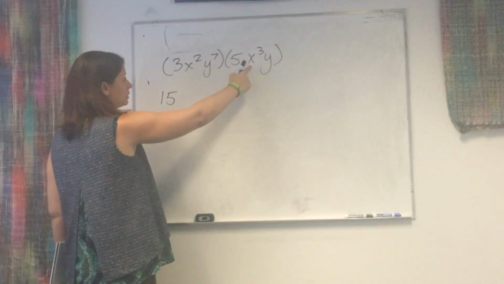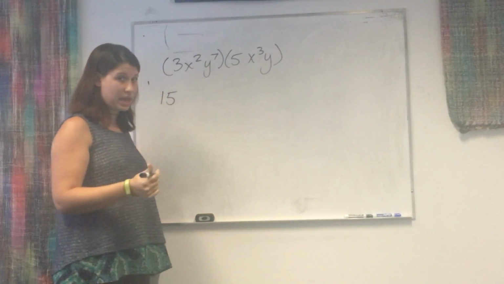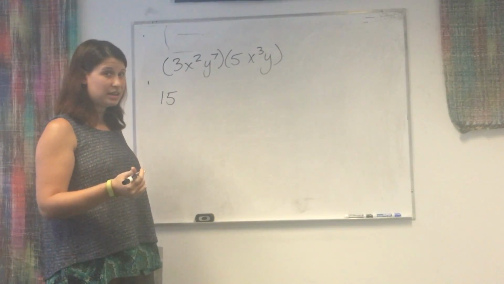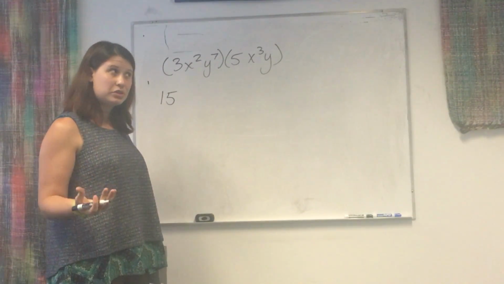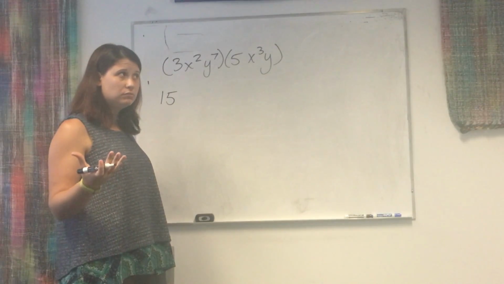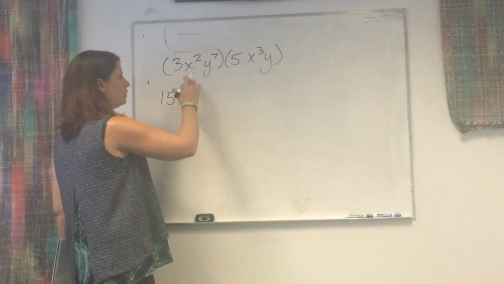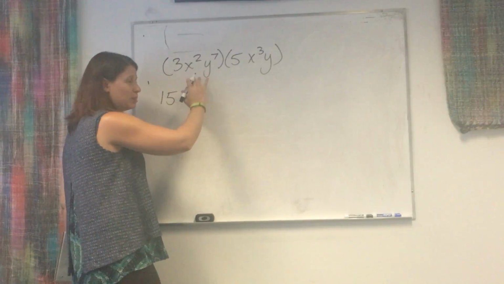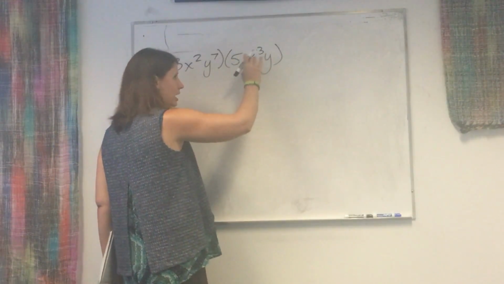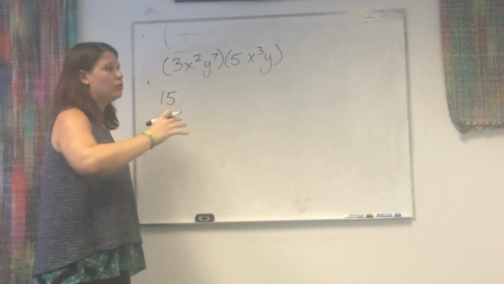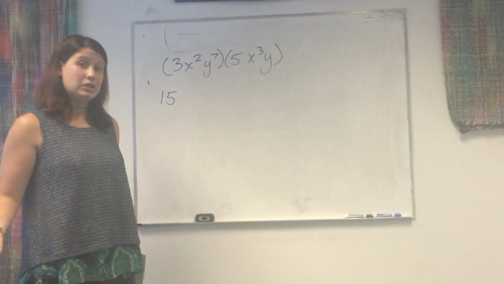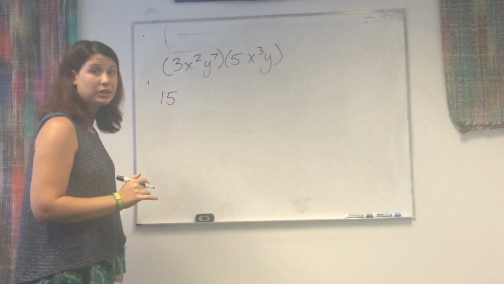X squared times x cubed, well, we have the same base being multiplied. That means, what exponent do we use? Well, we end up adding the exponents, because essentially we're saying we have 2 x's being multiplied times 3 x's being multiplied. That's overall 5 x's being multiplied, right? Well, we added the 2 and the 3 together.